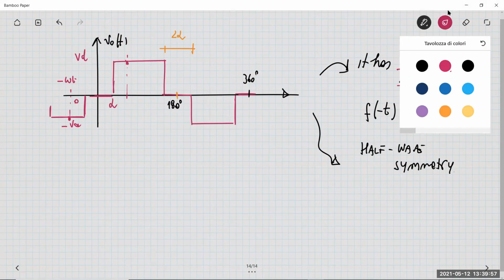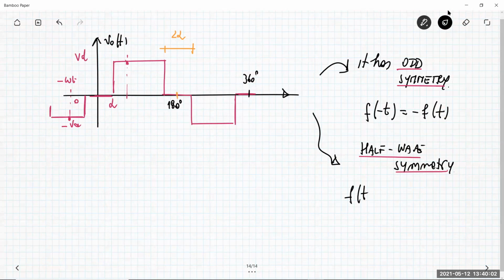The half wave symmetry is the specific symmetry for which f(t) is negative f(t minus T divided by 2), if the waveform has a period of T. To verify that this waveform has half wave symmetry, consider one period, from 0 to 360 in this case.